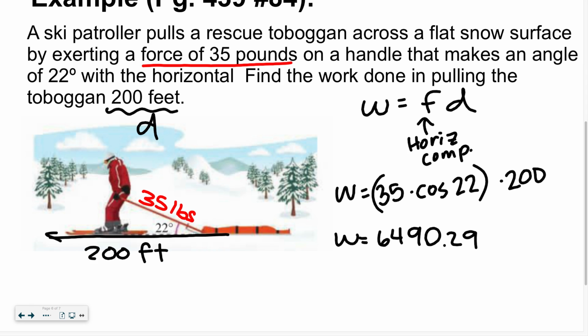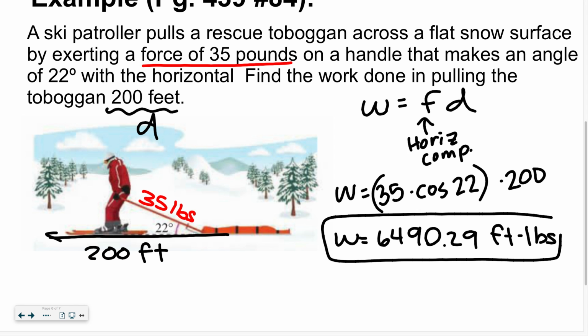Like a mathematician, because we're going 200 feet and our force is in pounds, we call that foot-pounds. It's kind of a strange label, but that's how we would name it. It's the distance measurement and then your pounds. If you're coming from physics, maybe that's a little bit weird. I feel like it has been weird in years past, but to me it's pretty simple. You just name the two parts.